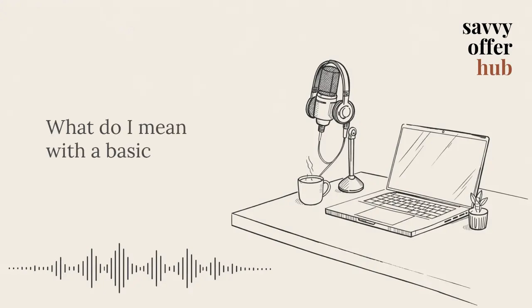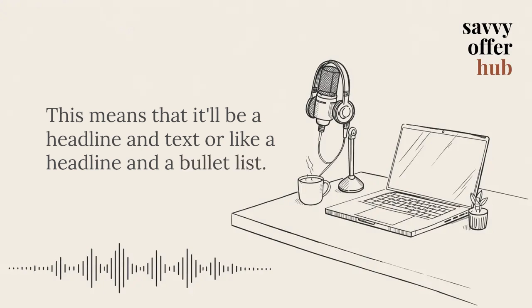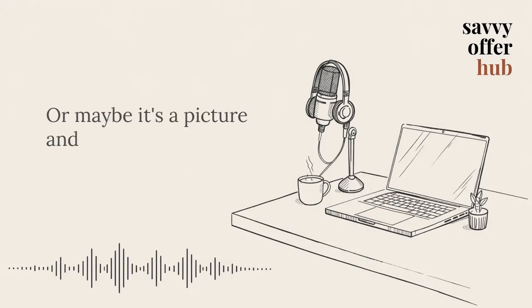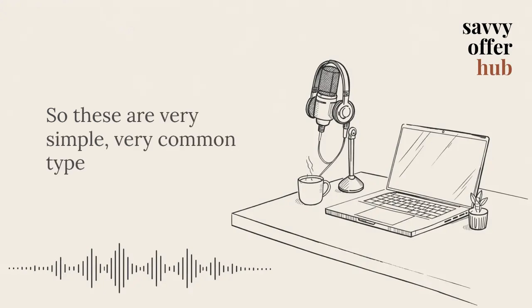What do I mean by a basic slide? This means that it will be a headline and text, or a headline and a bullet list, or maybe it's a picture and text, whether it's a headline or maybe it's a paragraph, whatever is the case. Maybe it's the accent slide where I'm emphasizing some specific part of information. So these are very simple, very common types of slides.